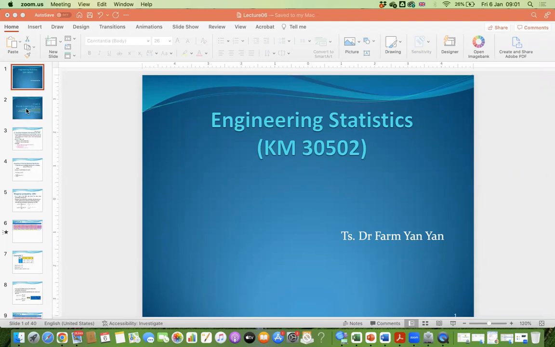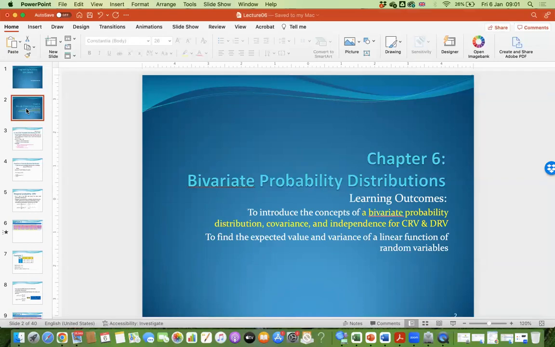So we have learned about discrete random variable and also continuous random variable. And if you realize, we are only talking about the outcome affected by one parameter. For example, y equals to ax. We are only referring to one outcome affected by one parameter variable.